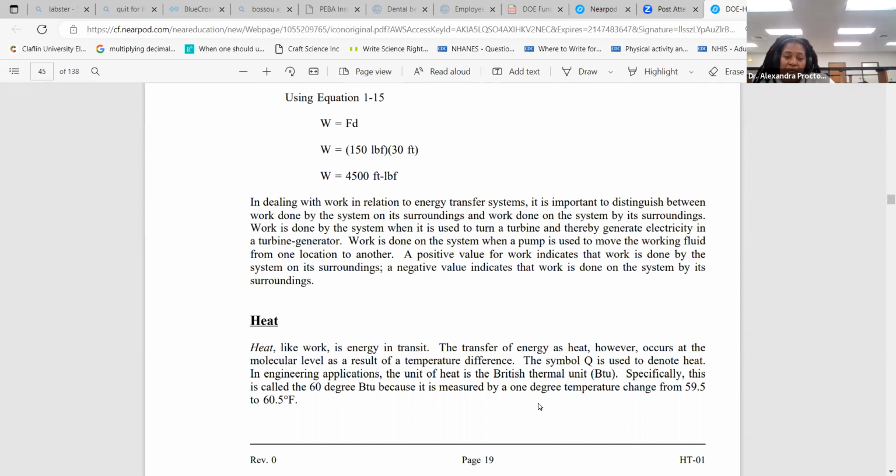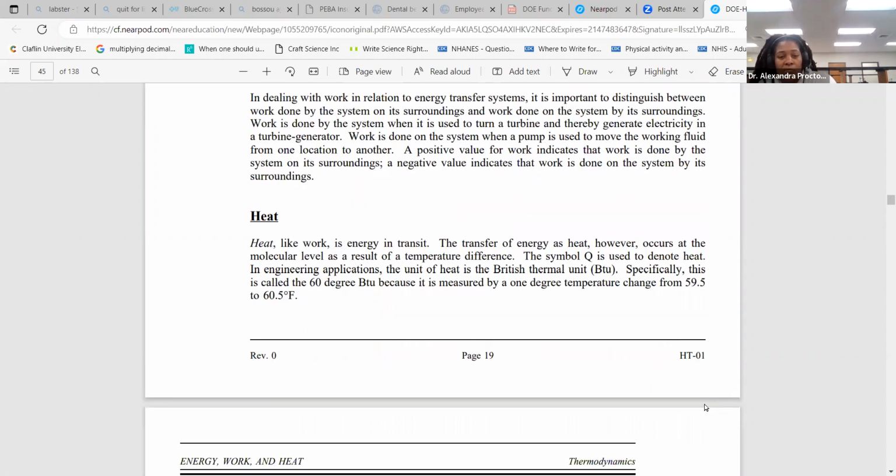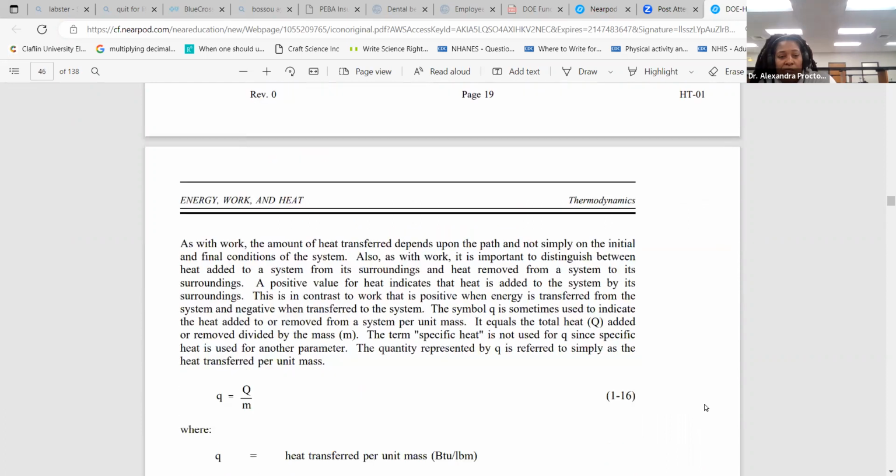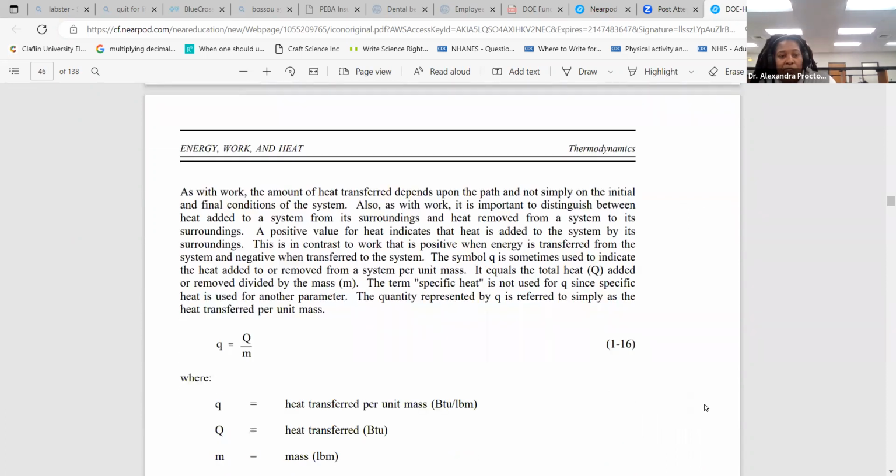They're just justifying why it's a 60-degree BTU. Just like work, the amount of heat transferred depends on the path. Earlier we talked about path independent, we talked about enthalpy.